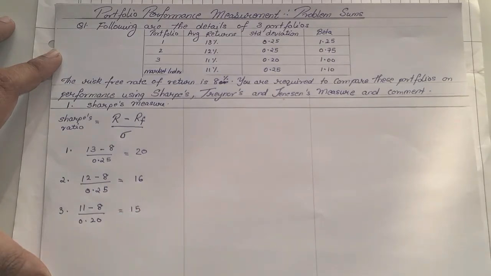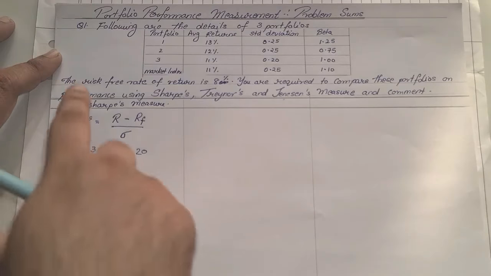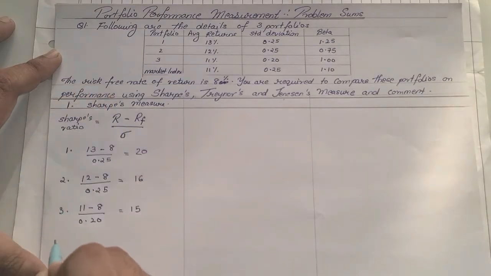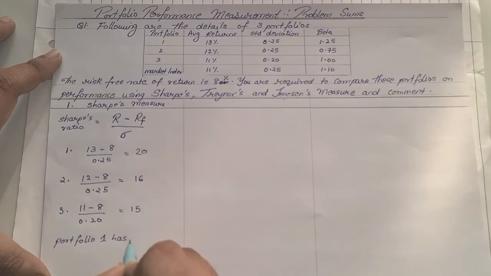Now based on that performance, we have to give a comment on which one has outperformed all. So as per Sharpe's measure, we can say that portfolio 1 has outperformed.